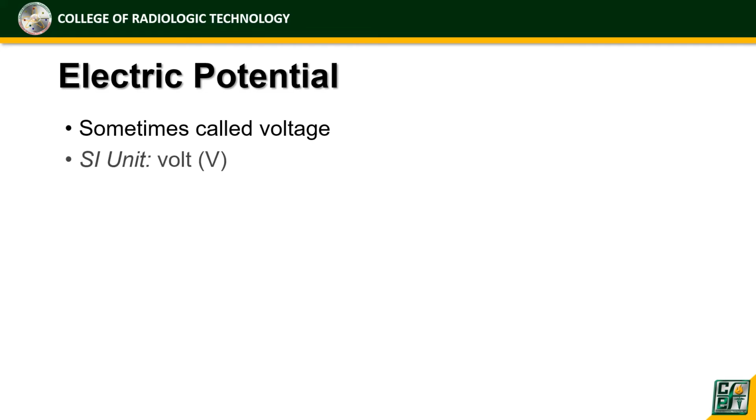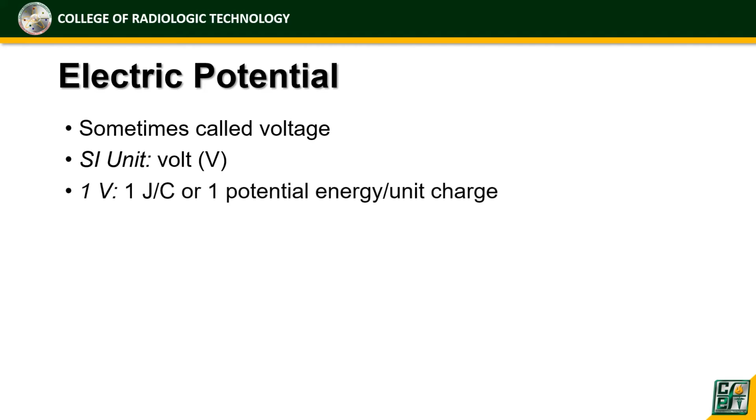So the unit, of course, is volts. 1 volt is equivalent to 1 joule per coulomb, or 1 potential energy per unit charge. So tandaan na, pag sinabing 1 volt, ang equivalent niya ay 1 joule per coulomb.